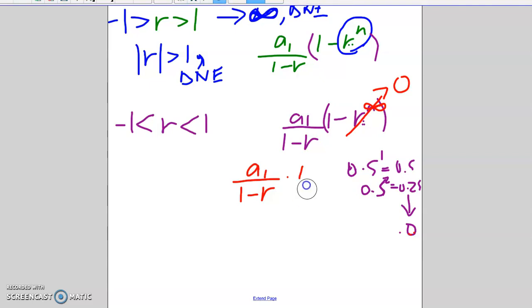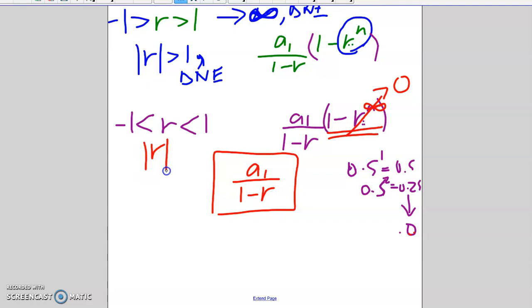So my infinite series is going to converge to this value here, a sub 1 divided by 1 minus r. This whole thing, 1 minus 0 becomes 1, and then 1 times this is just a sub 1 over 1 minus r. So another way also to write this is that the absolute value of r is less than 1.